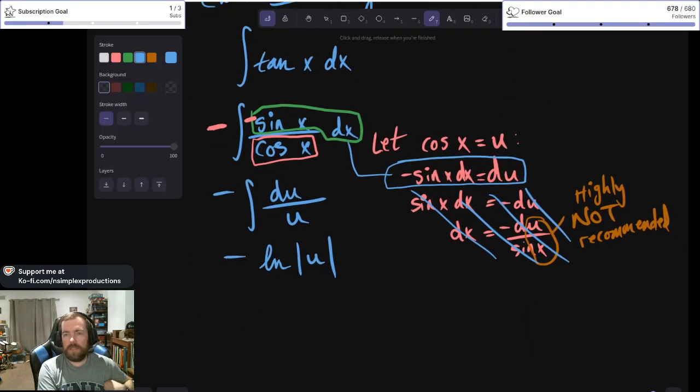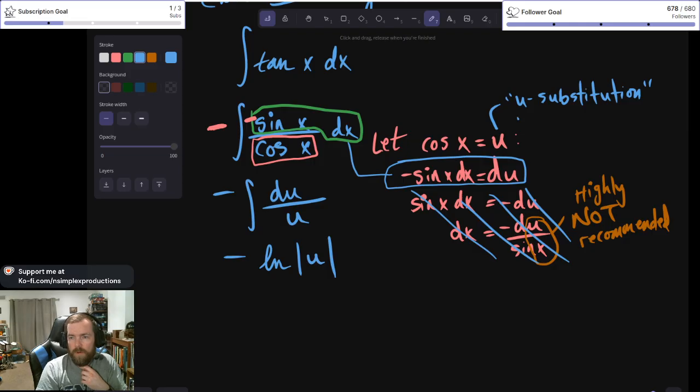Okay? Here, when you take the integral of sine of x, tangent of x dx, we separate it into sine of x over cosine of x dx. Do what's called u-substitution, or just function substitution.